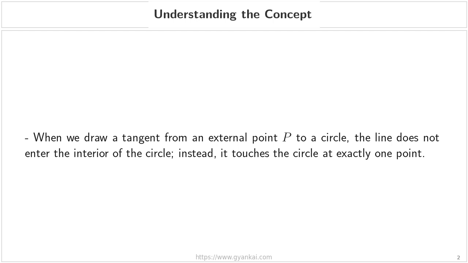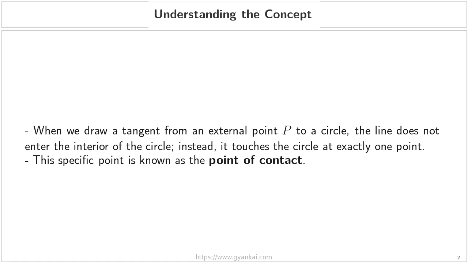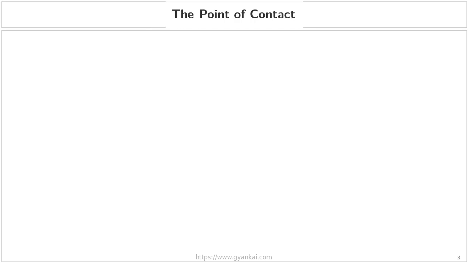Instead, it just grazes the edge, touching the circle at exactly one single point. This very specific, unique point where the line and the circle meet is a crucial concept in geometry, and we refer to it as the point of contact. Keep this term in mind, because in the next slide, we will see what happens when we identify two such points at once. The point of contact.